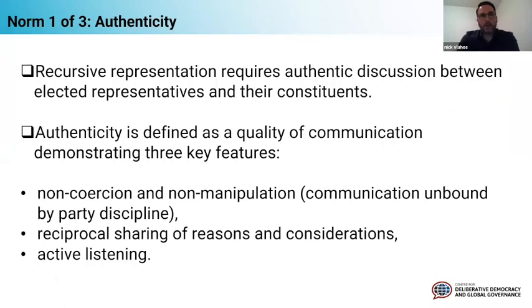Norm one of three is authenticity. Recursive representation, as we find it, requires authentic discussion with elected representatives. Authenticity is defined as a quality of communication that demonstrates several features, and one of them is non-coercion and non-manipulation. What we really heard here is that this relates to a lack of party discipline.